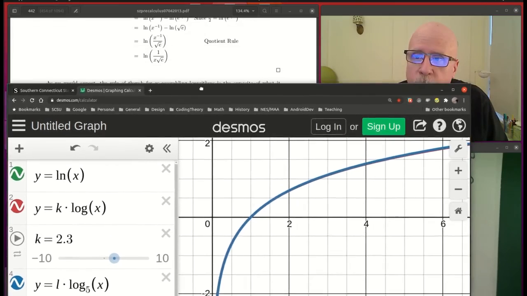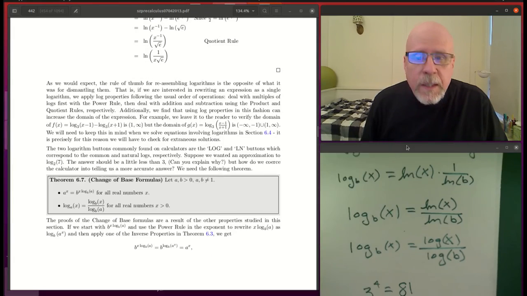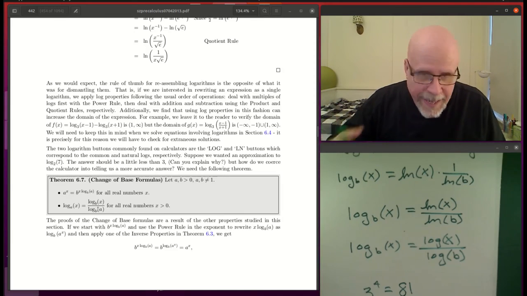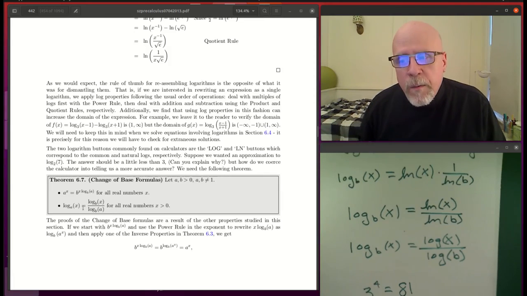So you could say this in more generality, which is what they've done here. The logarithm base a of any number x is, take the logarithm base b of x and divide it by the logarithm base b of a. The standard base is the logarithm of the base of the other log expression you're trying to get at.